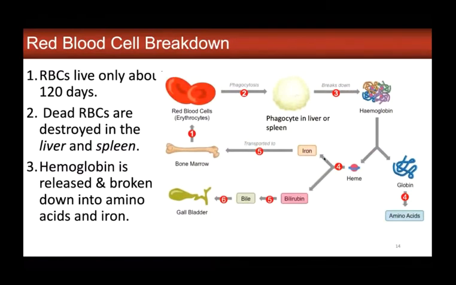Okay, so red blood cell breakdown. These guys don't have a nucleus, which means that by definition they can't have a very long lifespan. Three months, no more. And then the spleen and the liver start to pull them out of circulation.